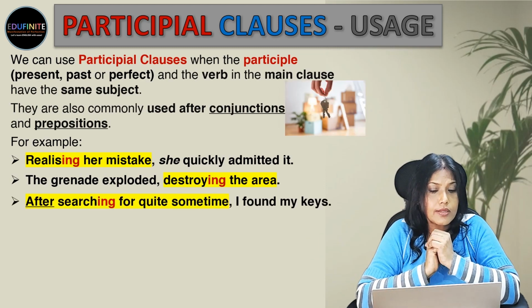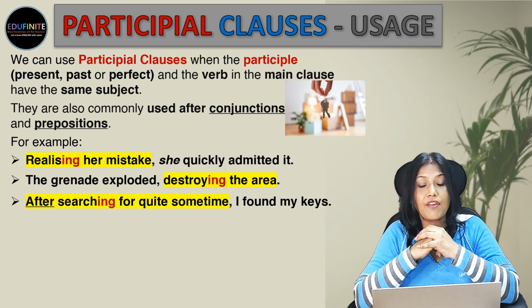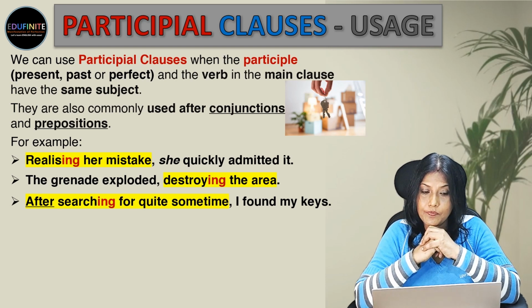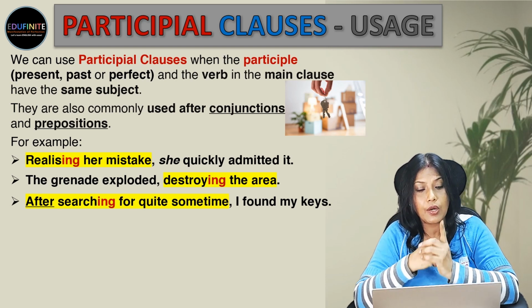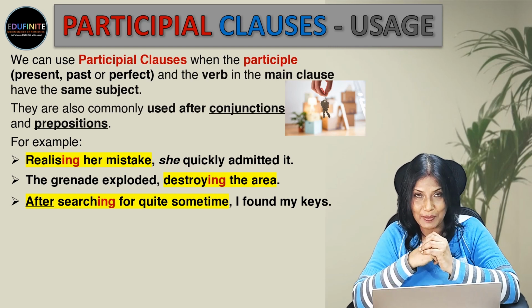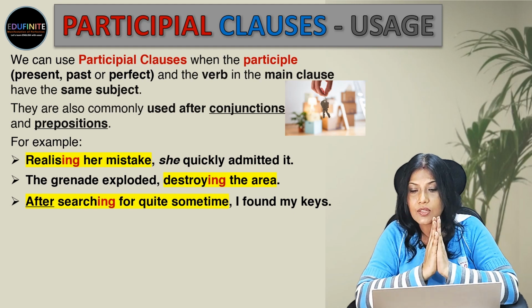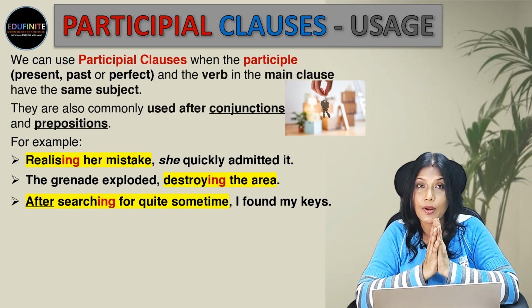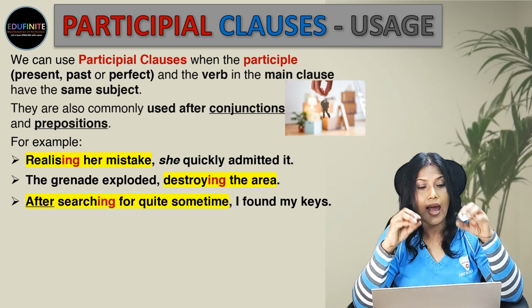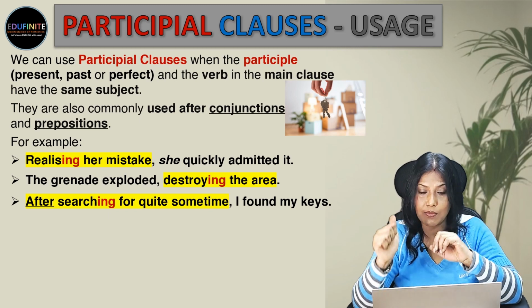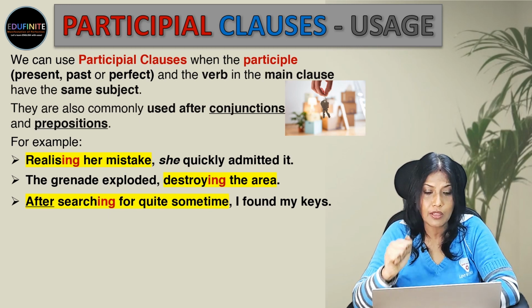After searching for quite some time, I found my keys. So see here, what have we done? We have used it after the conjunction after. So after is the conjunction and we have used the present participle after it. And searching for quite some time is the participle clause.